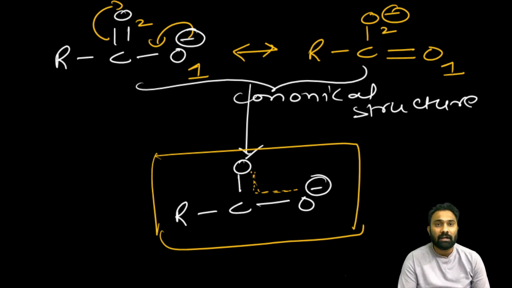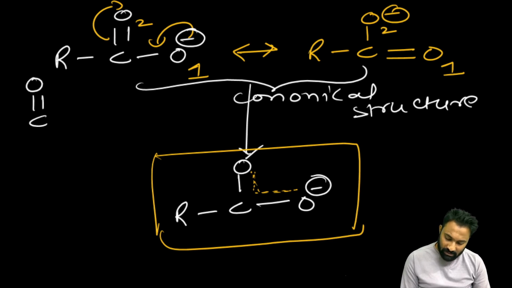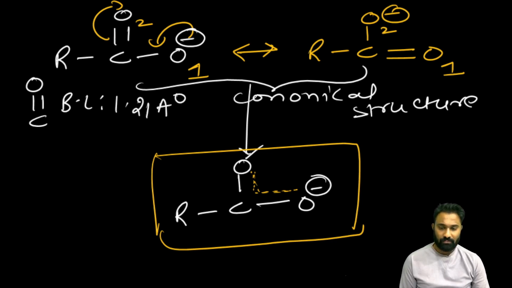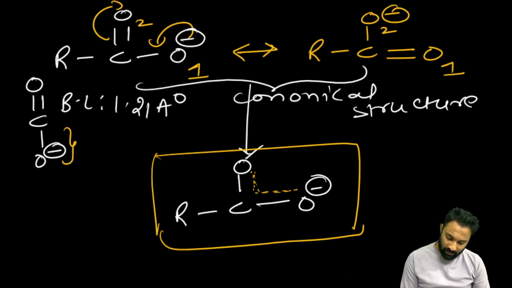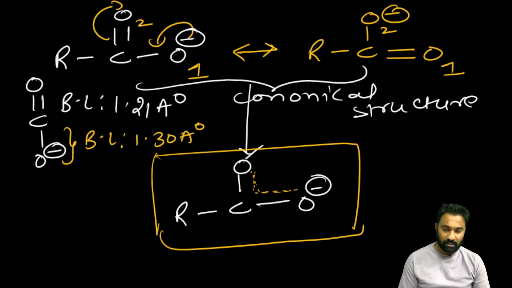Sir, how have they identified this? Only the resonance hybrid has real existence. Why do these two not have real existence? When they looked at the canonical structures, they found that the carbon and the double-bonded oxygen have a bond length of 1.21 angstroms, and the carbon and the single-bonded O minus have a bond length of 1.30 angstroms.